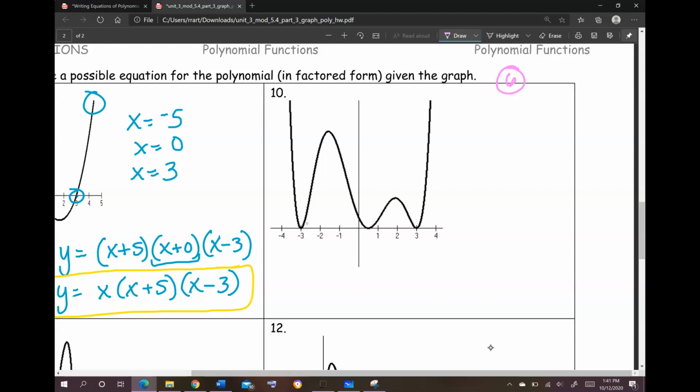Get your zeros. Got one here, got one here, and got one here, okay?